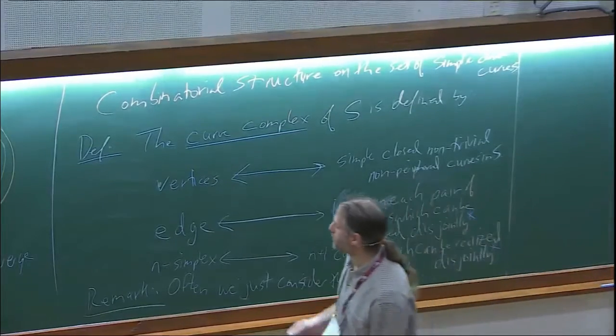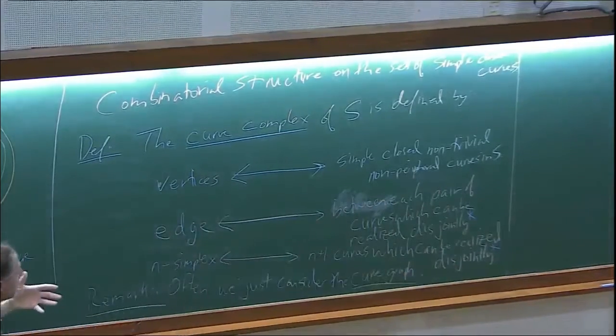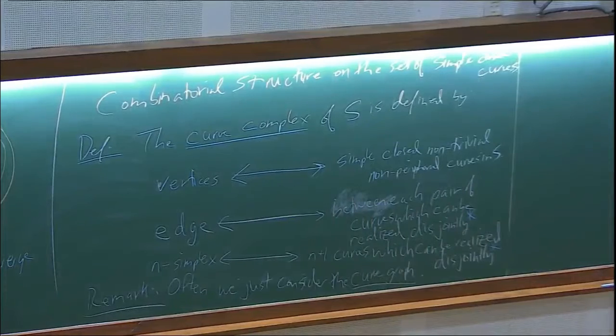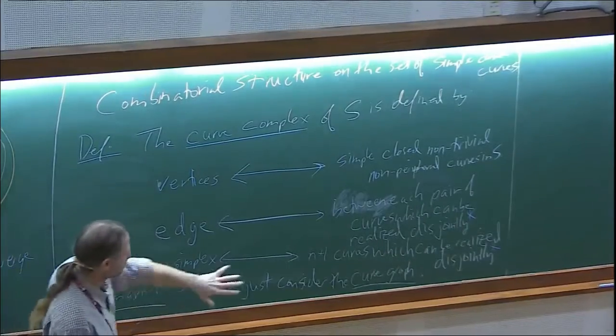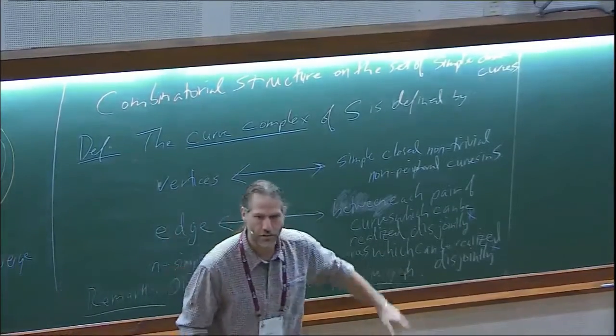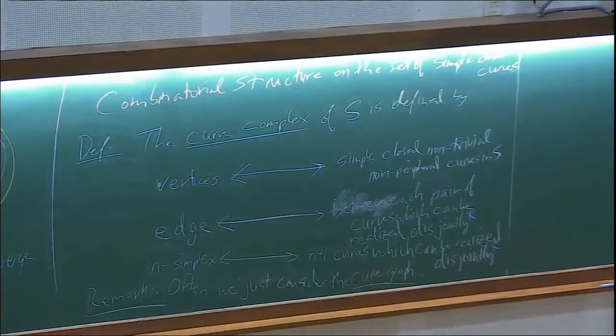We define the whole curve complex because I think intuitively it's useful to think about the full complex, but in practice, for most theorems that you want to prove, it's enough to think about the curve graph. So even if I say curve complex, I'm often thinking about the curve complex but working with the curve graph.